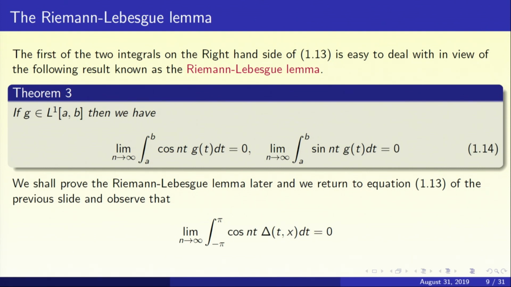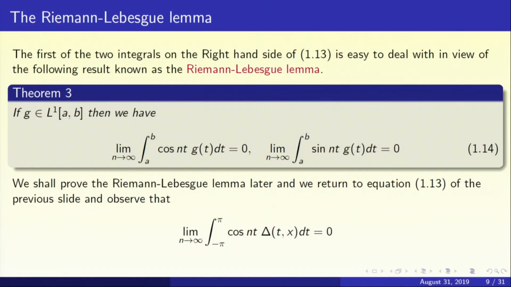Remember, in equation 1.13 we had two integrals, and the first integral appears here: limit as n tends to infinity of the integral from minus pi to pi of cos nt times delta_t(x) dt. Remember what is delta_t(x)? It is f(x) minus f(x minus t).